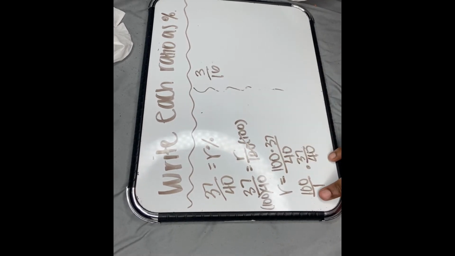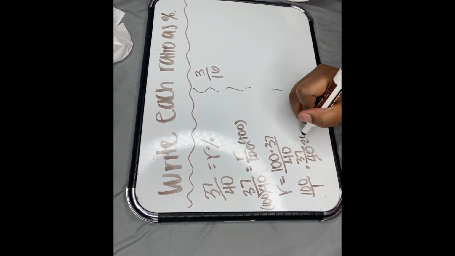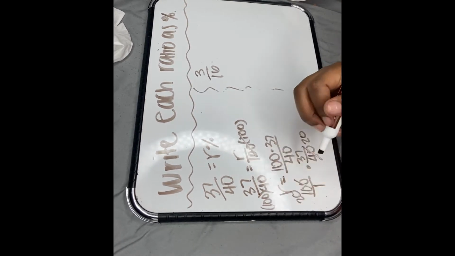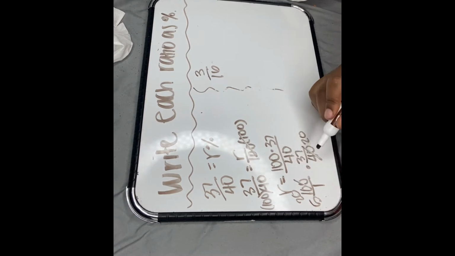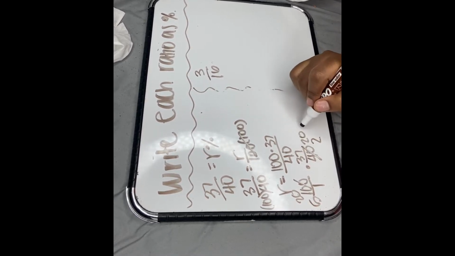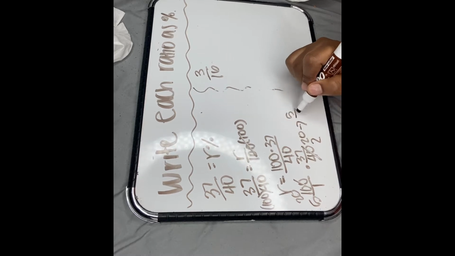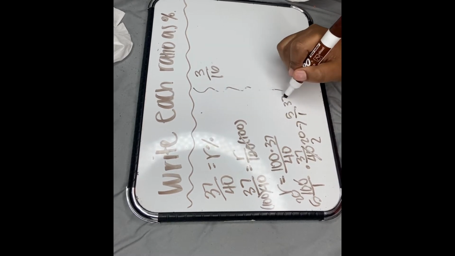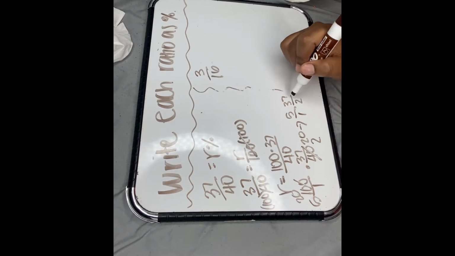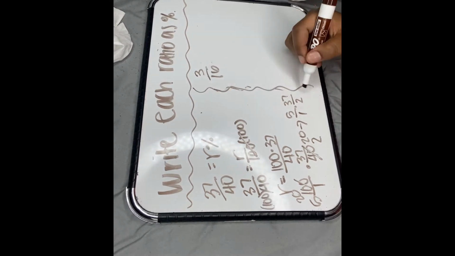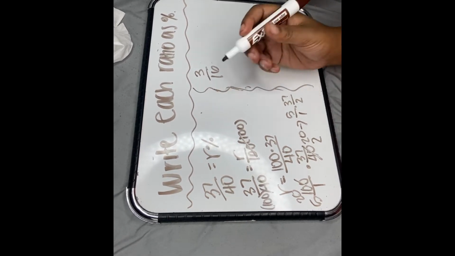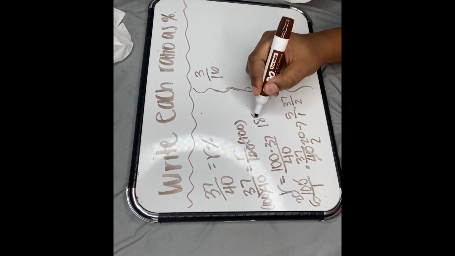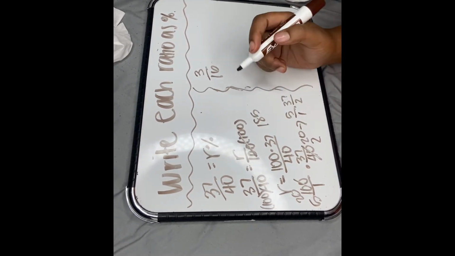Now these two numbers have a factor in common. We can cancel out 20 and make this 5 over 1 and 37 over 2. So then it will be 5 over 1 times 37 over 2. 5 times 37 will give you 185. 1 times 2 will give you 2.